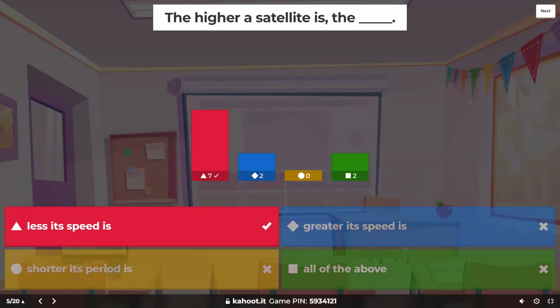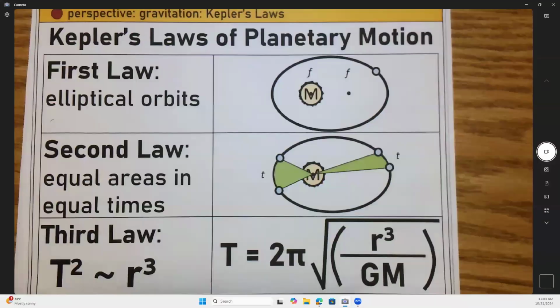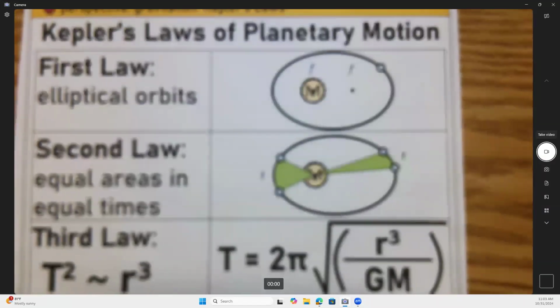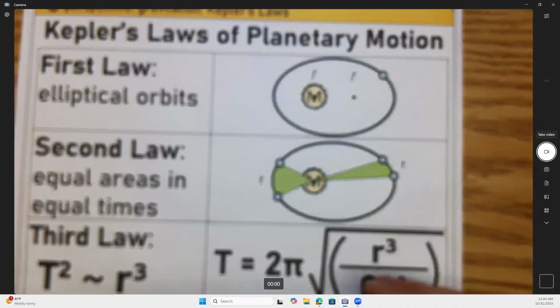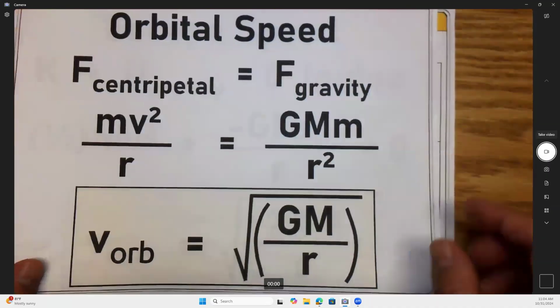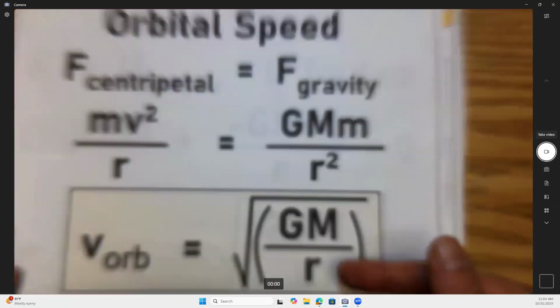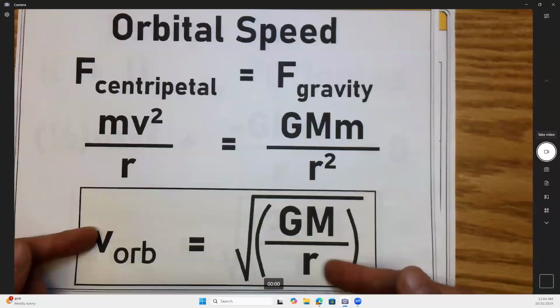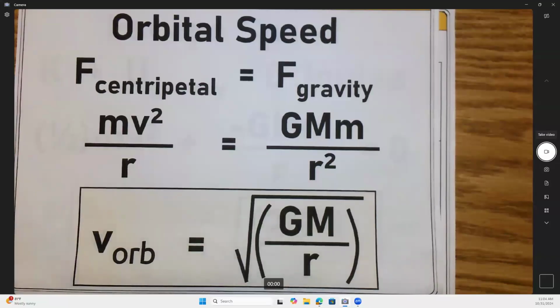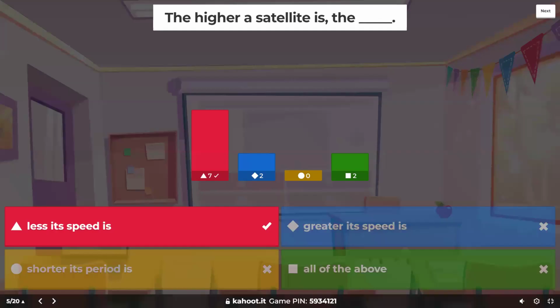A couple of perspectives on that. Here's a better one: orbital speed right here. The higher in elevation it is, isn't this R increasing? If this R increases, does this V decrease? Think of it that way. Or you could do Kepler's laws; there's a connection there too.